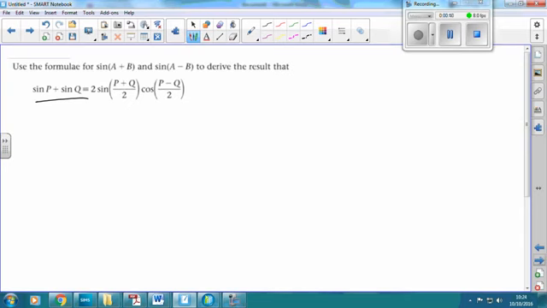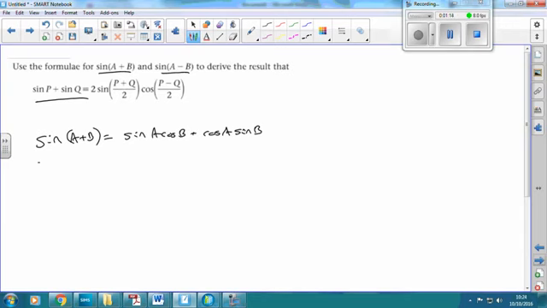So we've got sine (a plus b) and sine (a minus b). We're going to use them. Sine of a plus b is sine a cos b plus cos a sine b.